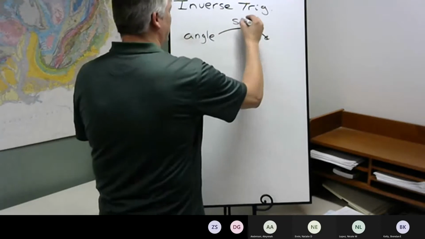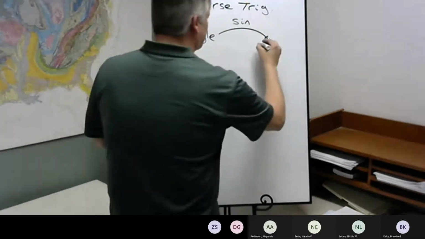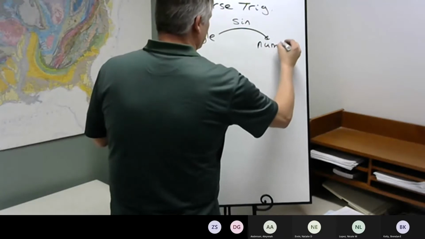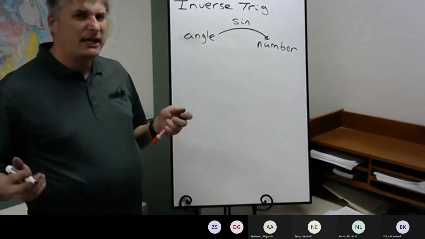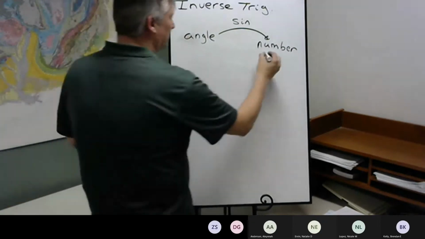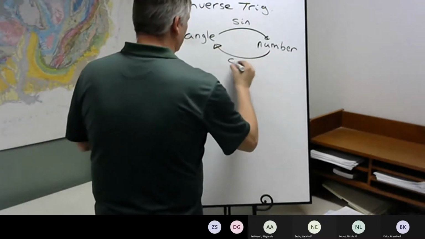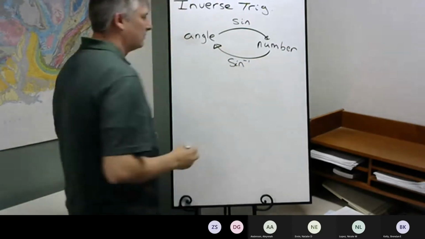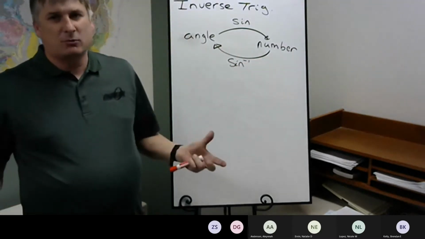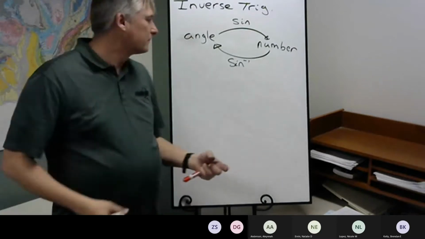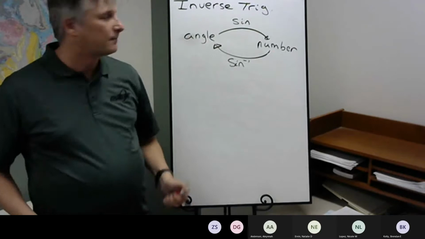If we take the sine of that angle, we're going to get some number. And if we take the sine inverse of that number, we're going to get an angle. So while sine will convert an angle to a number, sine inverse converts a number to an angle.